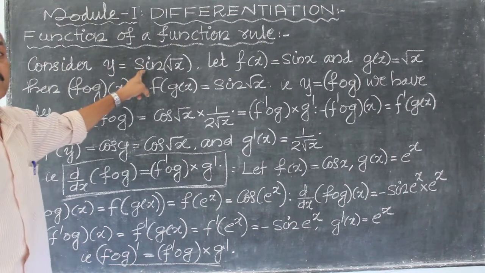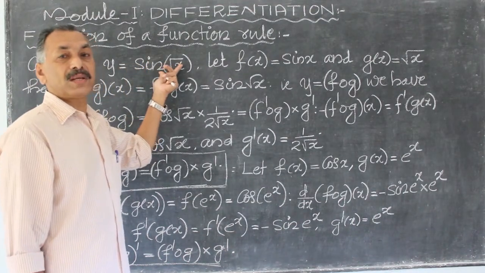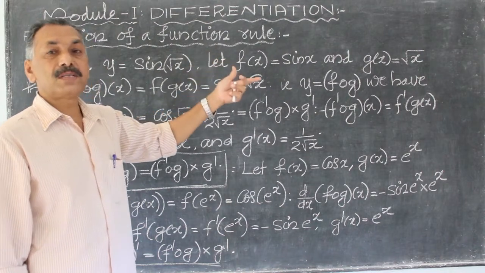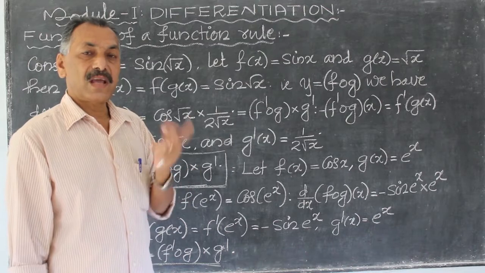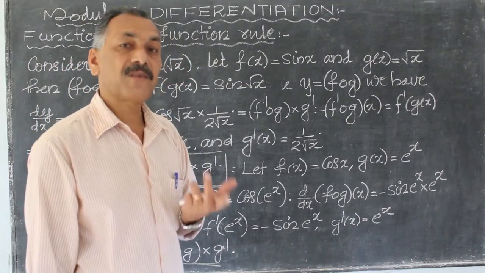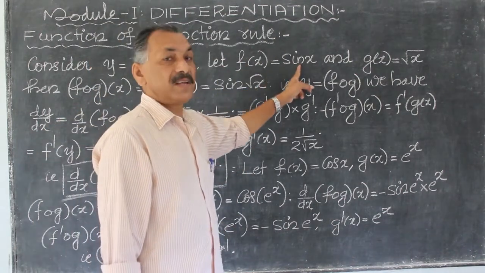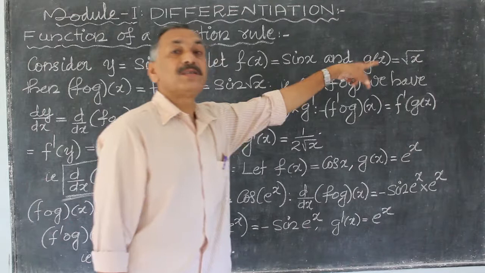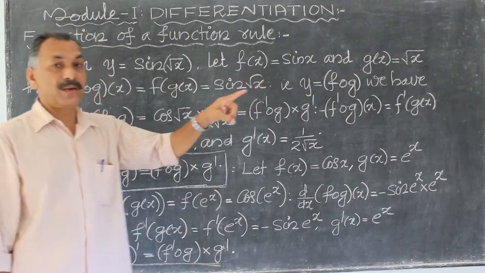Consider y is equal to sine root x. Then this function sine root x is the composite of which functions? Let f of x is equal to sine x and g of x is equal to root x.